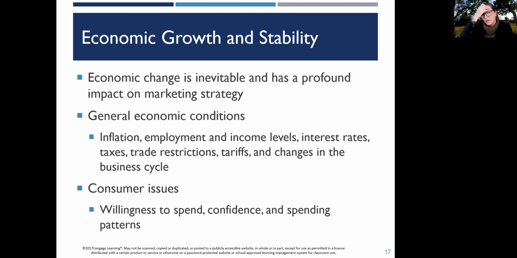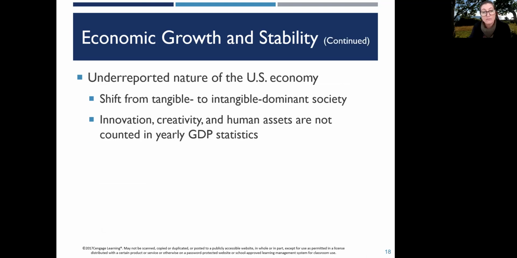General economic conditions can give us an idea of where the economy is at: we can look at inflation, unemployment, interest rates, taxes, tariffs, and changes in the business cycle. With regards to consumer discretionary spending, or consumer disposable income, we can look at willingness to spend and consumer confidence, as well as spending patterns.